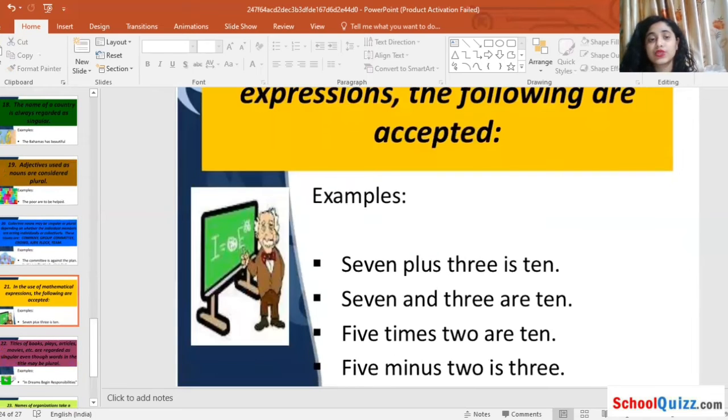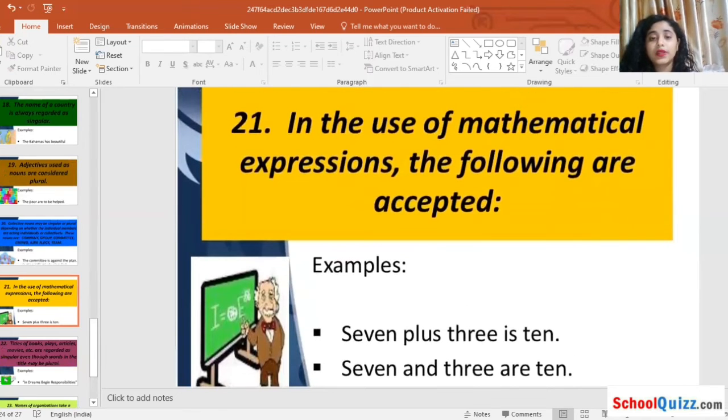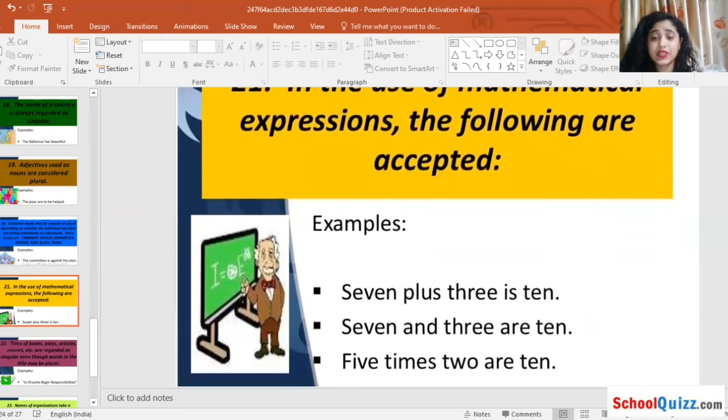Moving on towards our next rule, that is rule number 21. In the use of mathematical expressions, the following are accepted. 7 plus 3 is 10. Okay, 7 and 3 are 10. 5 times 2 are 10.